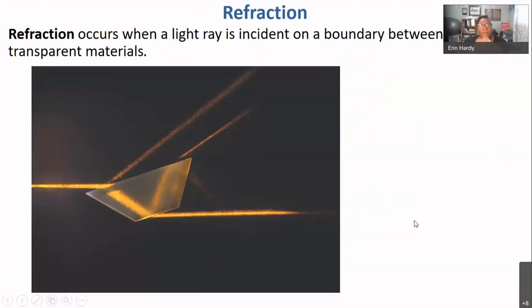There's a bit more when we talk about what happens when these light rays actually go from one material to another, or they interact with a boundary or an interface. And that's what's being indicated here by this diagram. So what you don't see is a light source off to the left.